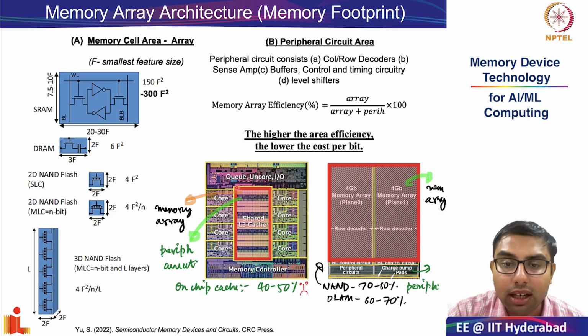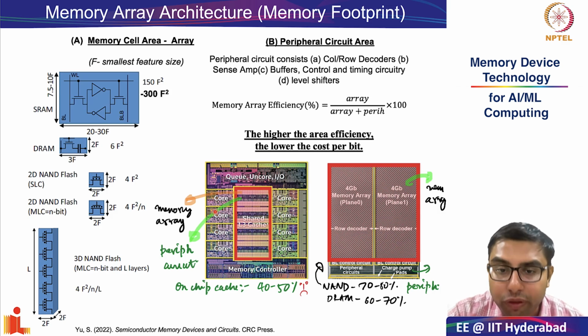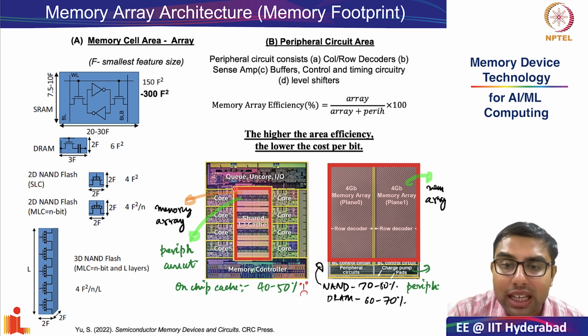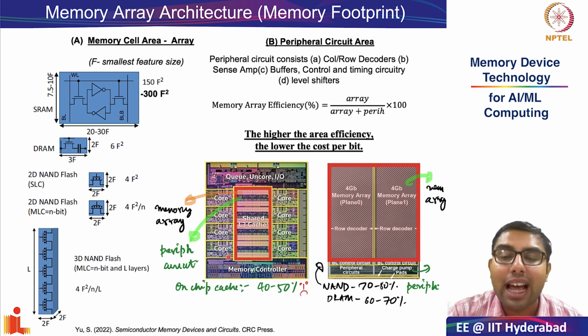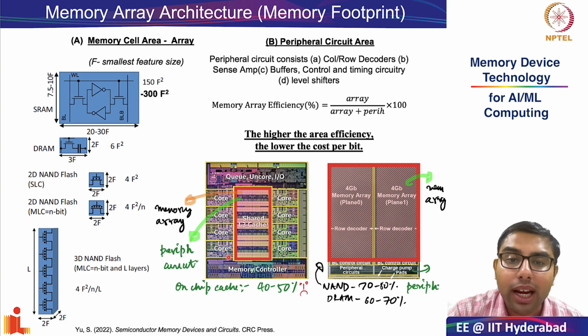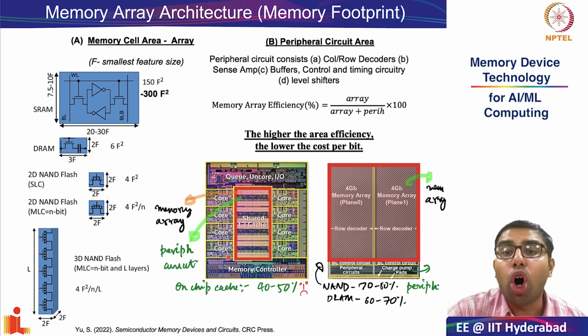As you can see, this is an octa-core processor consisting of 8 cores, 4 on either side. The interesting part to note is that the L3 cache, which is shared between all the 8 cores, consumes almost the same area as the 8 cores.